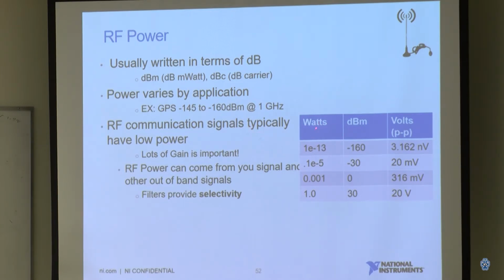Let's say watt is your real power definition, and in RF we prefer to change that to dBm, and in the analog or digital world they prefer using peak to peak voltage. And how come we have so many different terminologies for power? It just gives you the benefit of doing calculations.